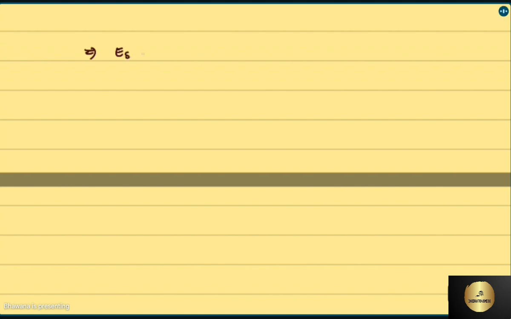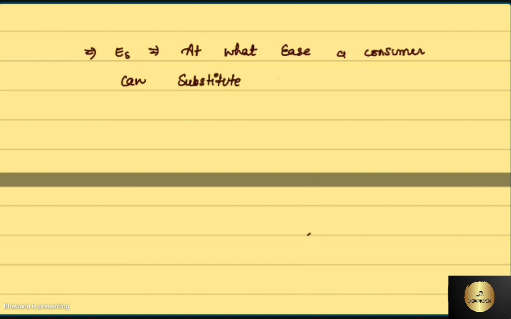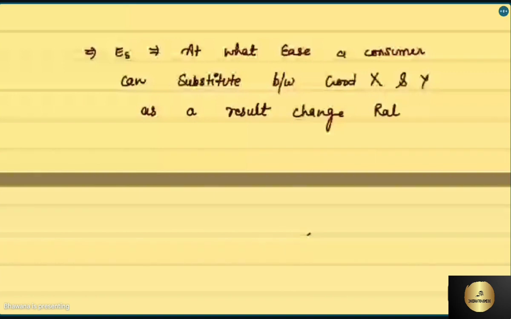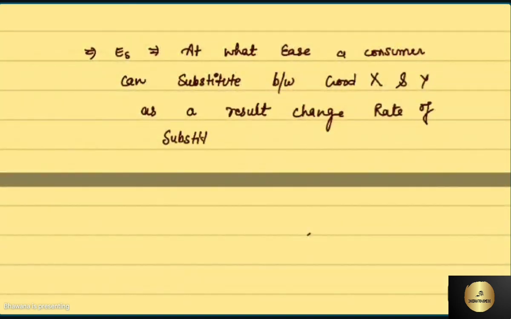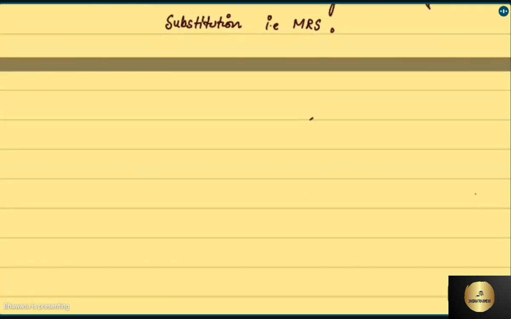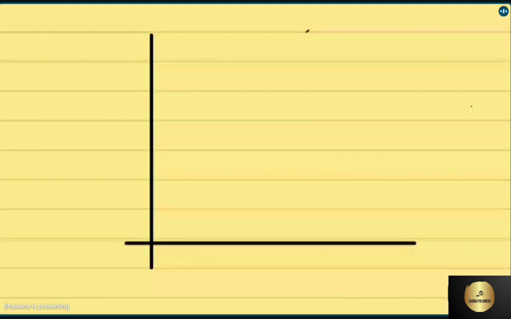ES depicts at what ease a consumer can substitute between good X and good Y as a result of change in the rate of substitution, that is MRS. So let's first look at this graphically, then we will derive an expression for ES for the Cobb-Douglas utility function.